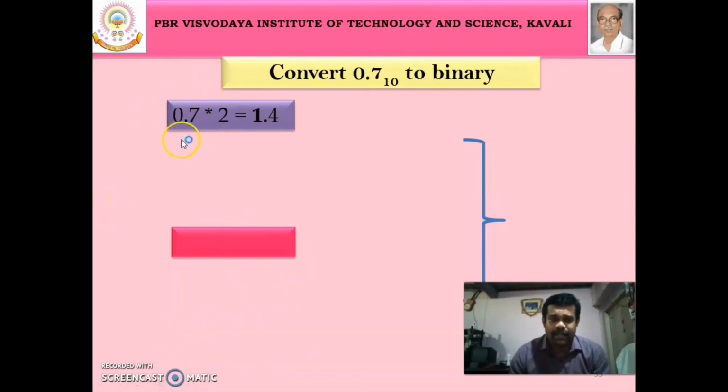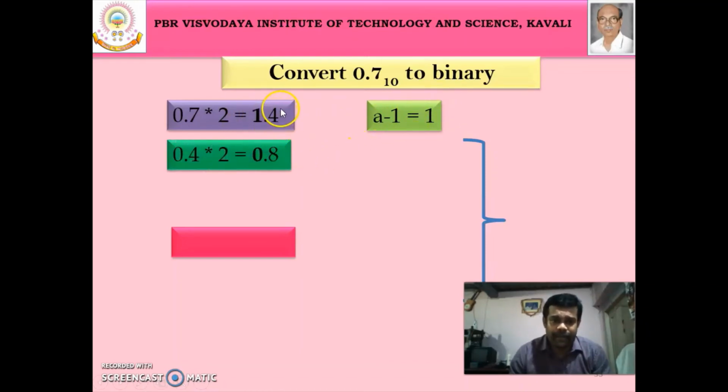We multiply 0.7 by 2 and get 1.4, and we record A1 is equal to 1. This is the carry or the whole number. Then again we multiply 0.4 by 2 and get 0.8, and this 0 we take as A2.